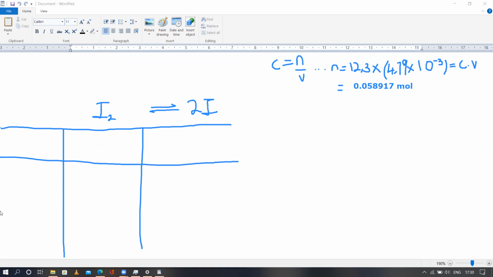You're gonna have your change in number of moles, and you're gonna have your equilibrium number of moles. So this is your initial, this is your change, and this is your equilibrium number of moles.